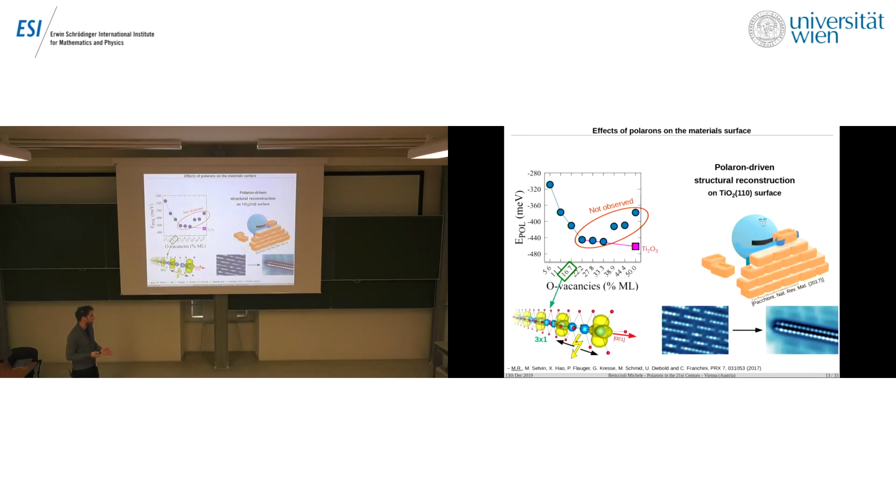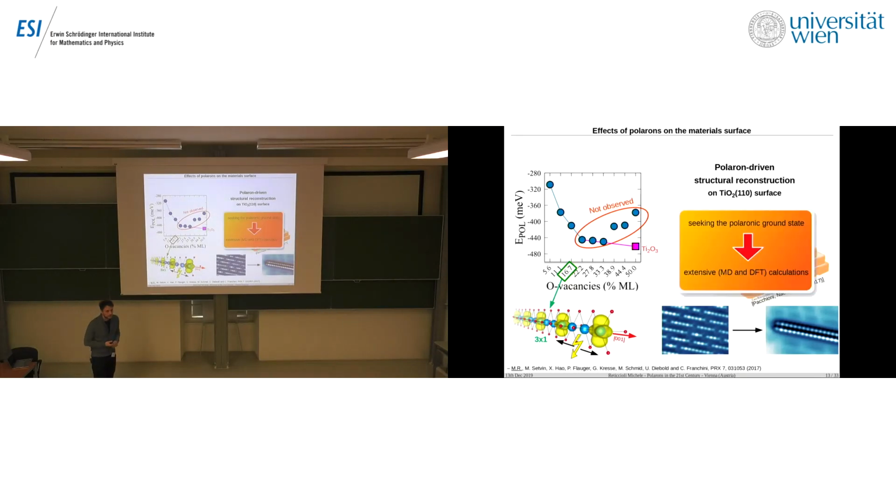But it was actually very expensive to obtain. There were a lot of calculations to be done, because every single point here is not just a single-shot density functional theory calculation, but we had to be sure that these points were the polaronic ground state of the system at every different concentration of oxygen vacancies.